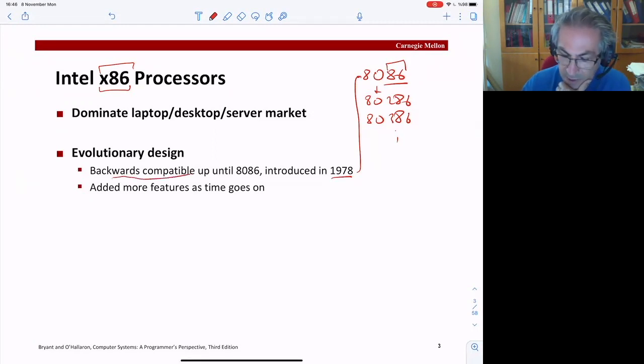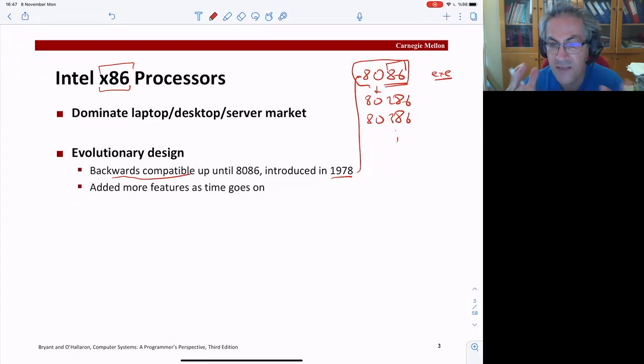What we mean by this is, remember, the original 8086 was a very teeny tiny processor, able to support only a handful of instructions. When they moved on to the 286, for example, they added more, more powerful instructions, but they still included the 8086 ones.